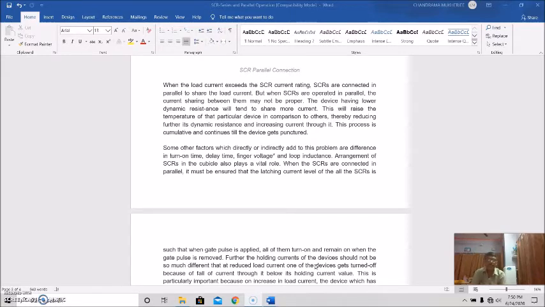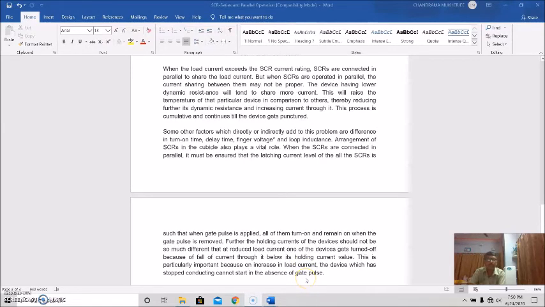And further, the same thing applies to the holding currents also. There should not be much difference in them, because if the difference is large, then at reduced load current one of the devices gets turned off because the current falls below its holding current value, and another may not.